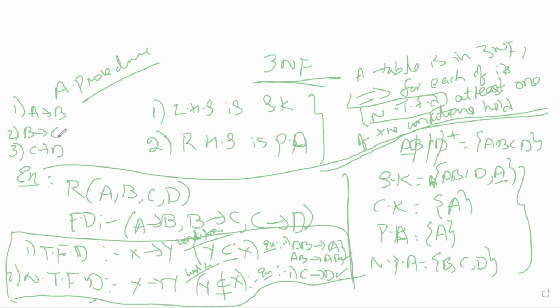We'll give first priority to the first one, and if it is not satisfied, then we'll go with the second one. So what's the first one here? A determines B. Is the LHS a super key? Does it satisfy the first condition in this procedure? Is it a super key or not?